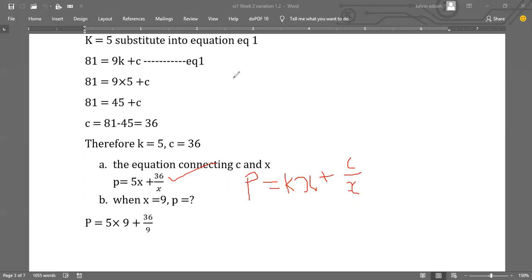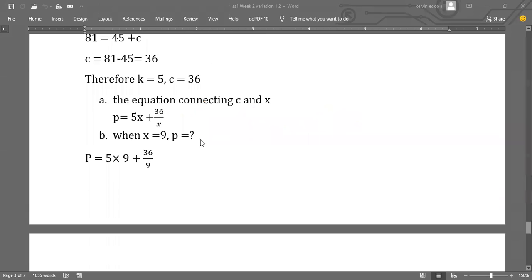What we're going to do next is use that equation now to solve. We're asked to find P when x is 9. This is my equation: P is equal to 5x, and what is my x? 9. So I have 5 times 9 plus 36 over x, which is 9.